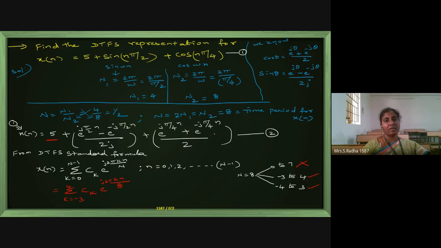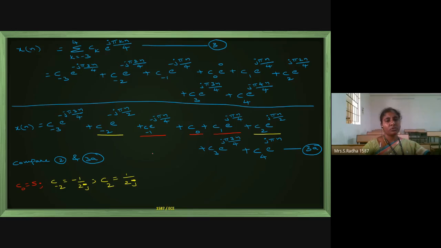If you see in equation 2, both the terms' coefficient is 1 by 2, 1 by 2. Whether exponential power is plus j pi by 4 or minus j pi by 4, coefficients are 1 by 2, 1 by 2. So I can take c minus 1 value is 1 by 2 and c plus 1 value is 1 by 2. So what all we got? Minus 1 plus 1 completed, minus 2 plus 2 completed, and C0 also completed.